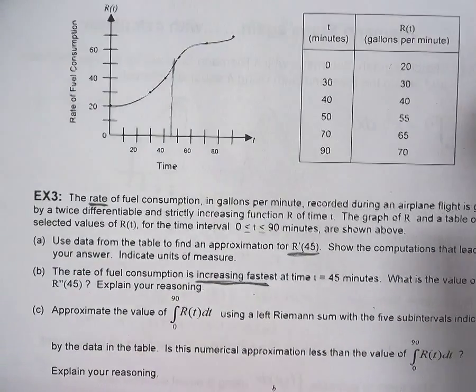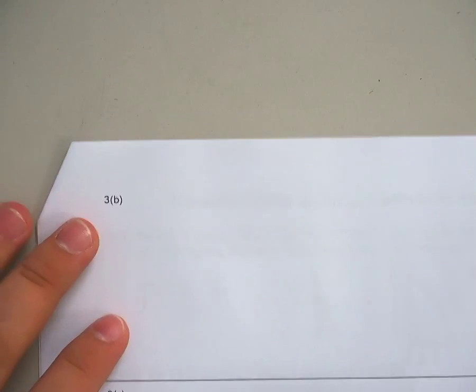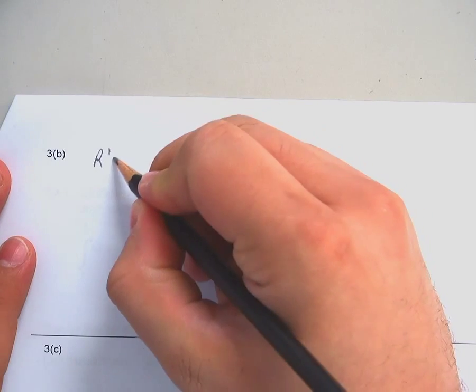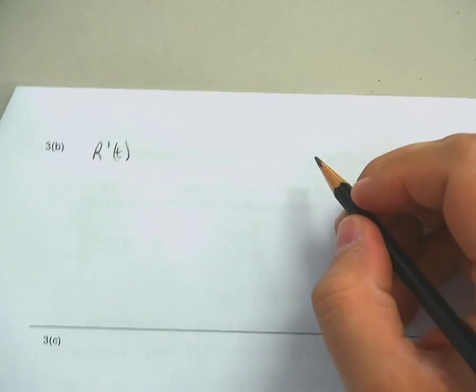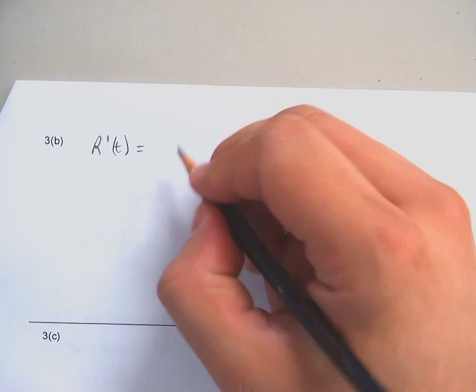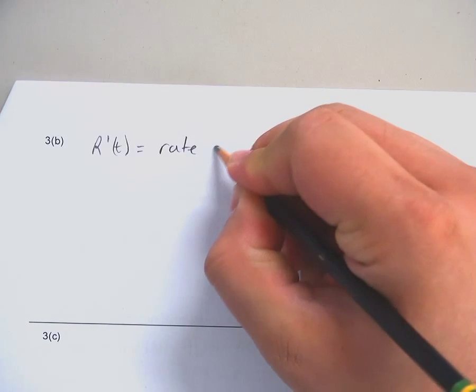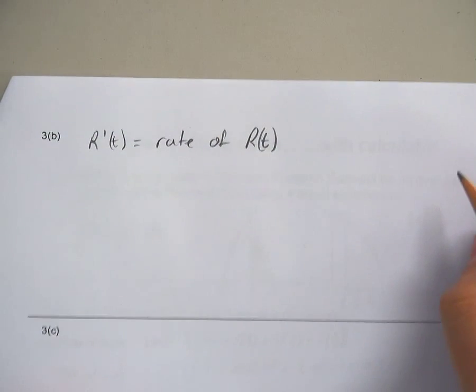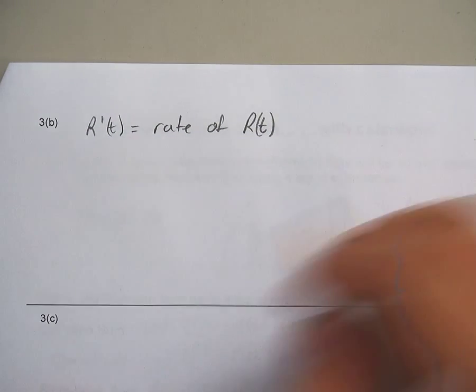So here's how I'm going to say this. Let's go over here. I'm going to write down r prime of t is going to be the rate of the fuel consumption of r of t. So r prime of t is the rate of r of t.